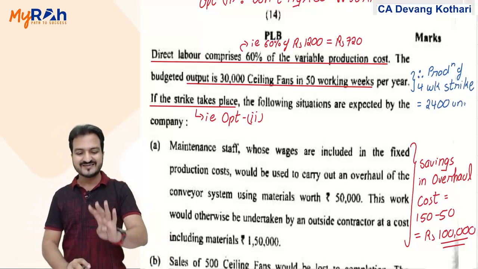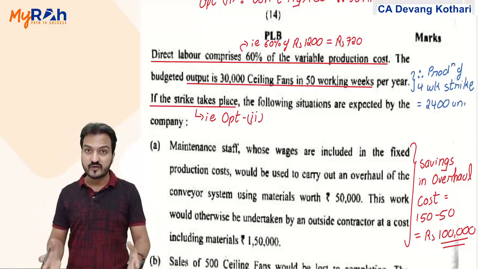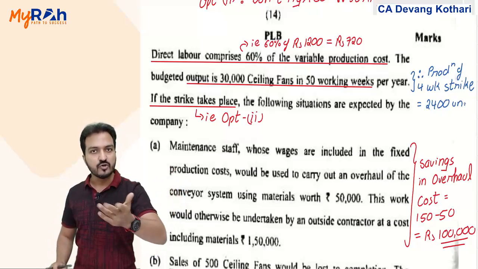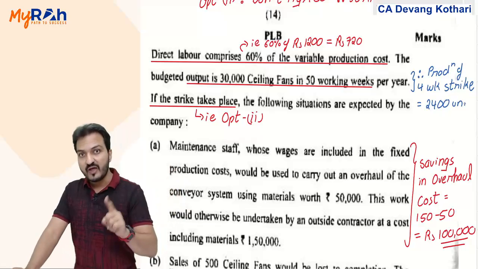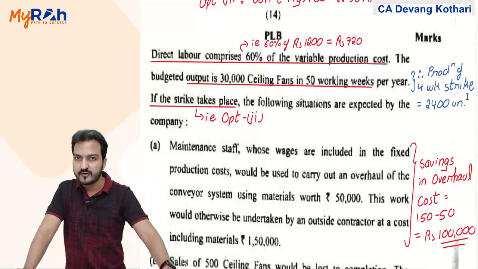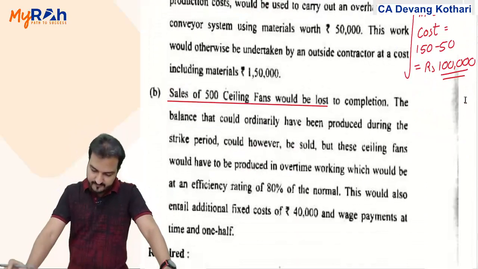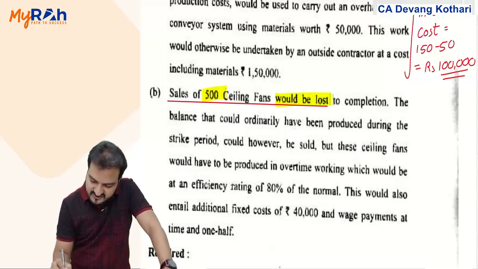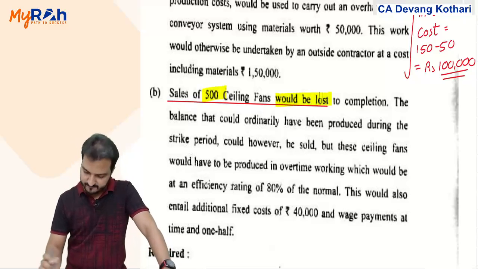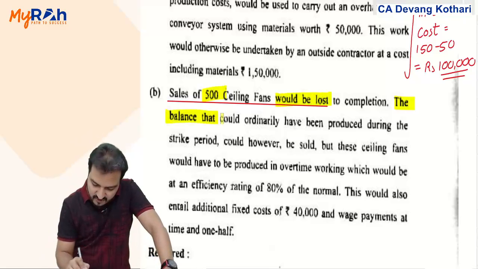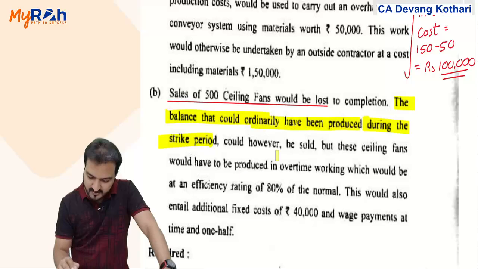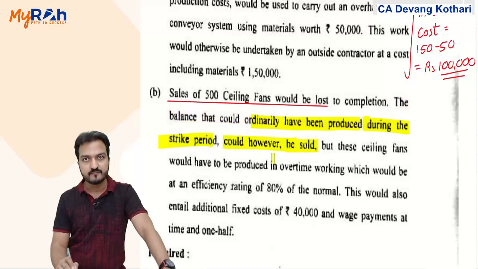Now if 4 weeks the workers were on strike, they were not working, then I should have lost 2,400 units, but this sentence here says that only 500 units were lost. Why? Read further. The balance that could ordinarily have been produced during the strike period could however be sold.